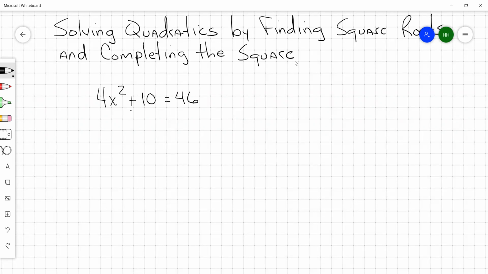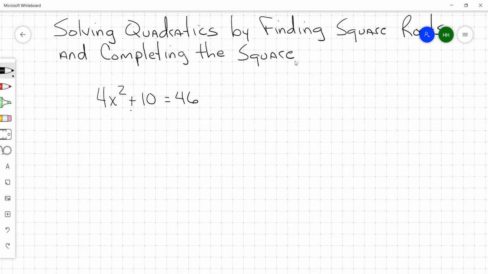Yesterday's problems, both terms had x's in them. And if you look at this problem right here, you've got a 4x squared plus a 10 equals 46. You don't have a term with just an x, okay?